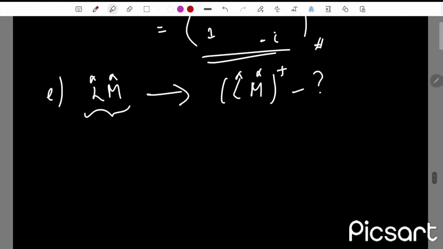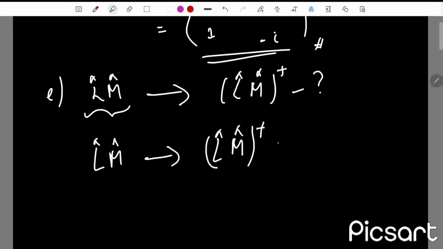And actually we can show that if you have L times M, then its conjugate operator, (LM) dagger, is actually equal to M dagger L dagger.